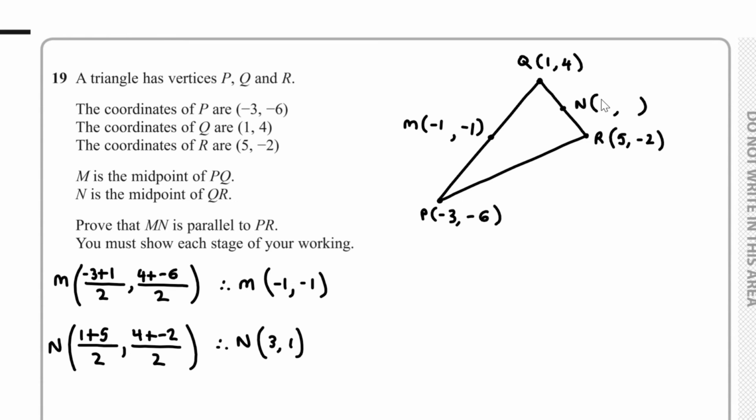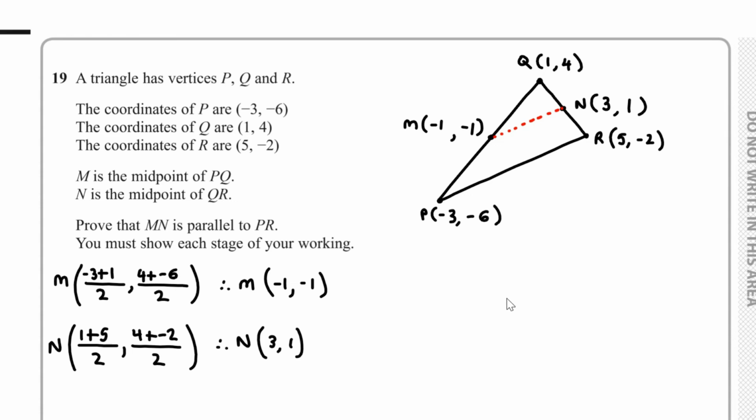So if we add this to the diagram, we have 3, 1. So now that we know the coordinates of M and N, let's think about what we need to show. We need to show somehow that PR is parallel to MN.